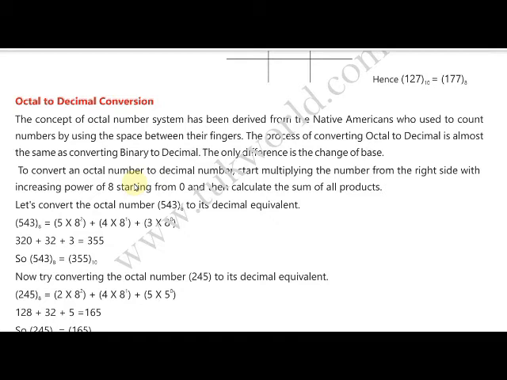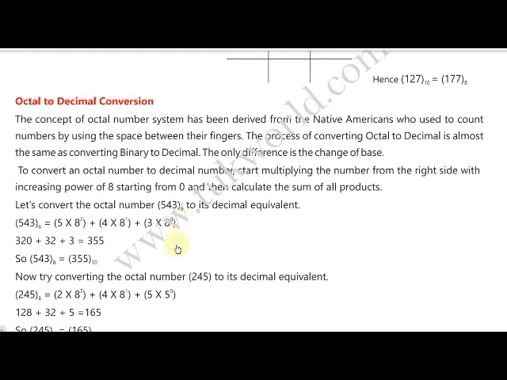For every stage the power index will increase by 1, and the initial power is 0. That means it always begins with 0, 1, 2, 3, up to n, starting from the right side. That power we have to assign to the base, not to the number, otherwise we will get a different number. Here we have a small example, that is conversion of octal to decimal.